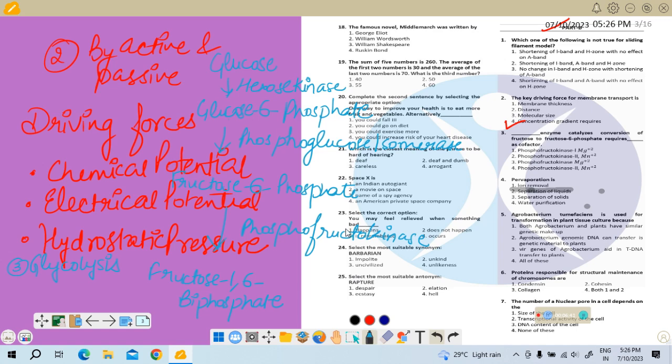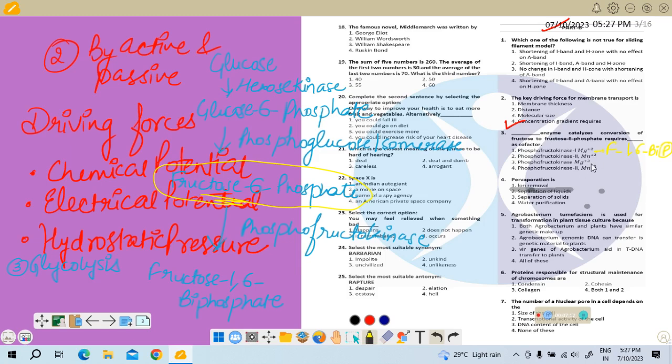Okay, so now we need to find out from fructose to fructose 6-phosphate. Here we can only see fructose 6-phosphate, right? The first option is phosphofructokinase 1, Mg2+. This enzyme is responsible for the conversion to fructose 1,6-bisphosphate.